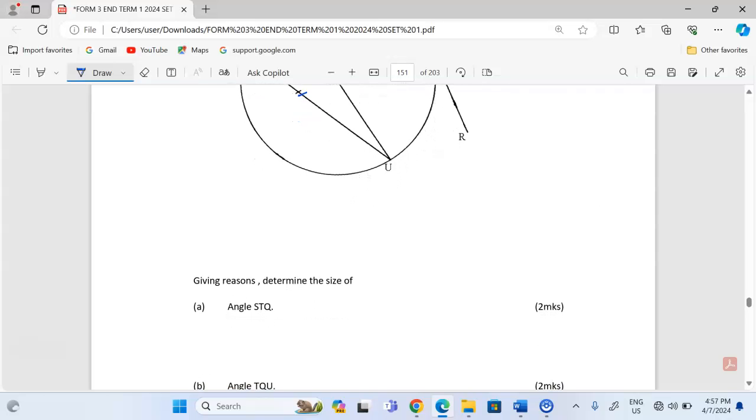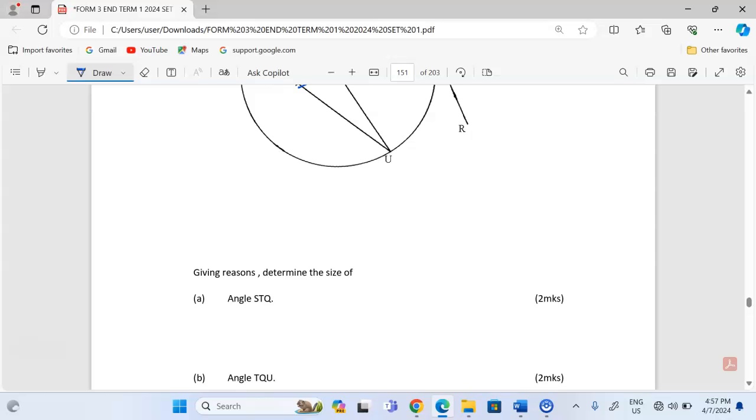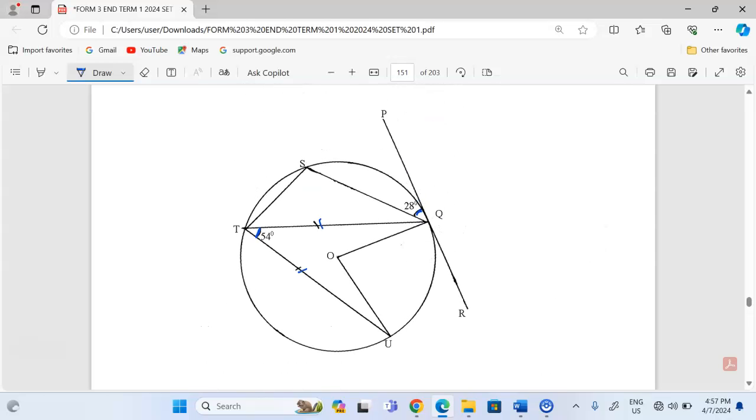Giving reasons, determine the size of angle STQ. STQ is the angle at this point. We can conclude its value right away from this concept: if a chord is making an angle with a tangent, here chord SQ is making an angle of 28 with the tangent, and the same chord subtends an angle at the circumference in the alternate segment, then the angle subtended there is also equal.